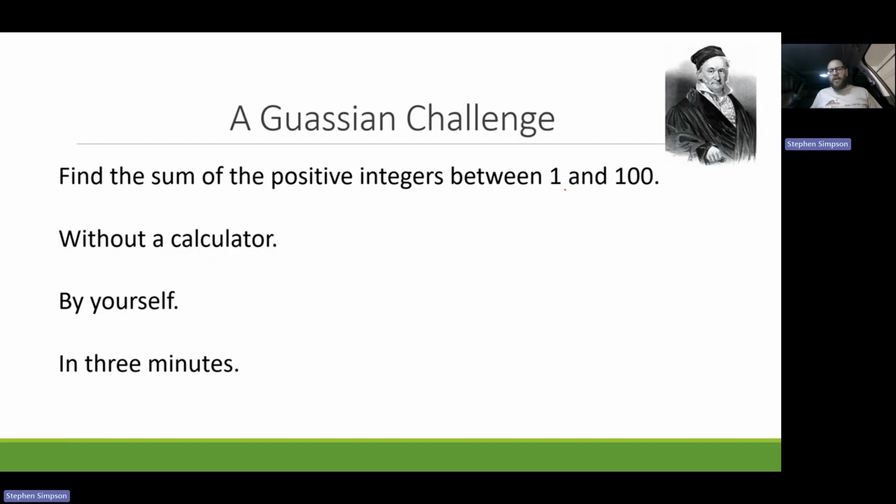Well, it's not my strategy, but it's probably the same thing at least one of you did. So I'll add these numbers together, 1 plus 2 plus skip a few plus 99 plus 100. Equals something, but what? We'll see.